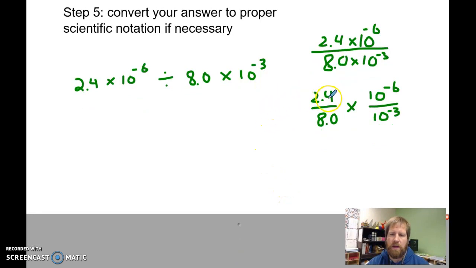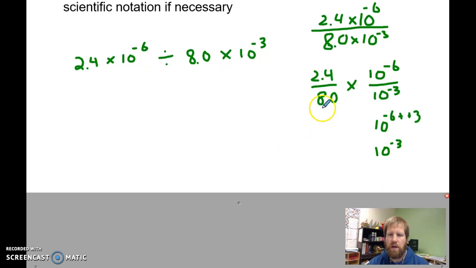Okay. Now I want to do my exponents first, so I have 10 to the negative 6 minus a negative 3. I have two negatives, so those are going to become a positive. So I have negative 6 plus 3, which becomes 10 to the negative 3. And then I need to do my division.